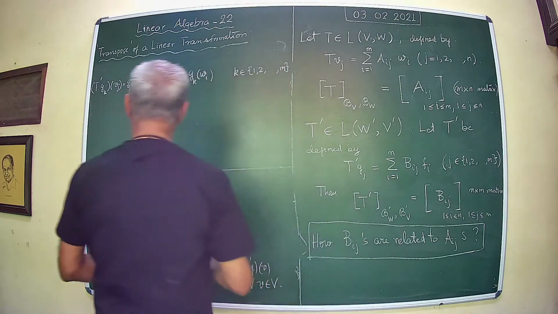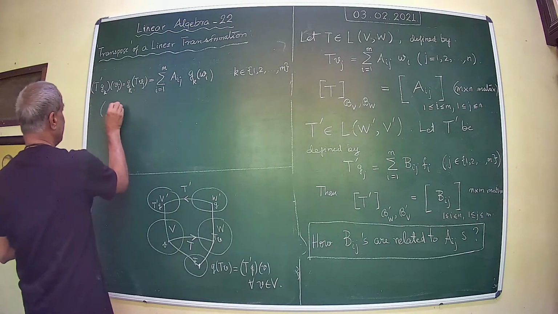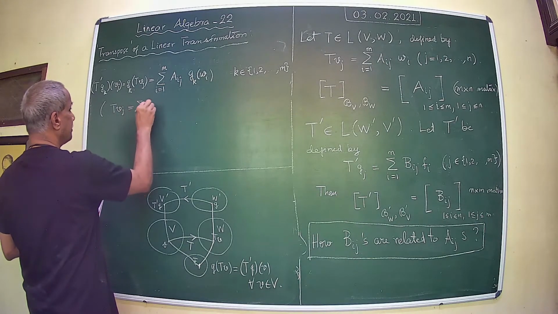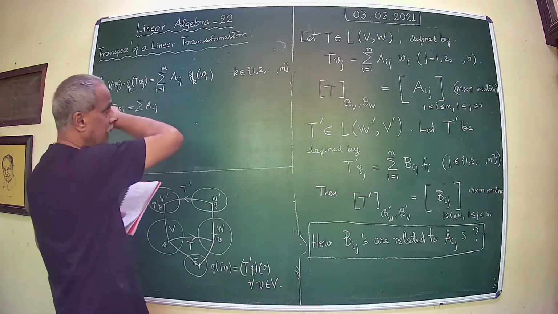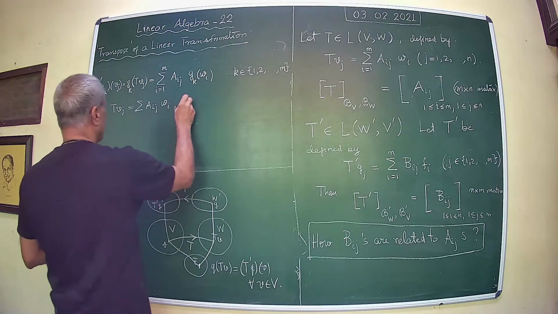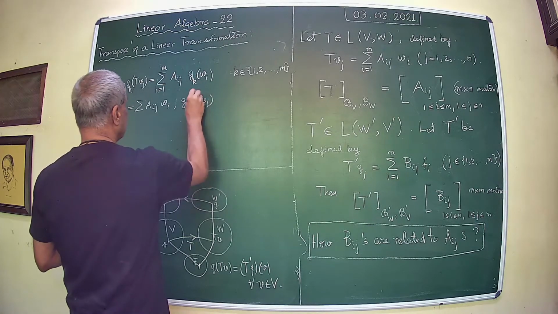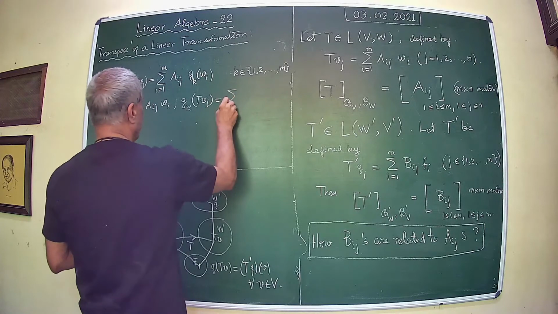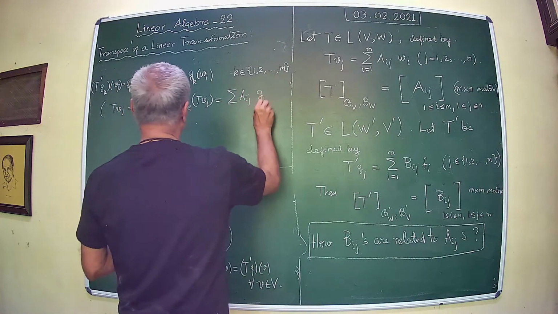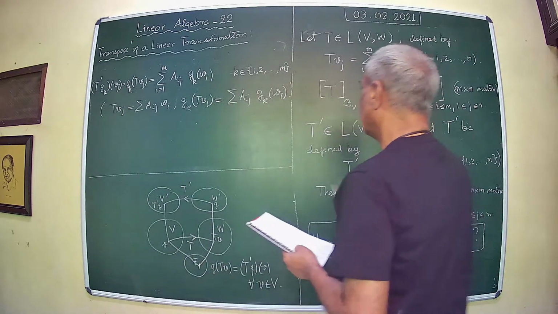Okay, so this comes from, I just write here, you have TVJ, this is equal to sigma Aij Wi, therefore GK TVJ equal to sigma GK of, that's how it comes.